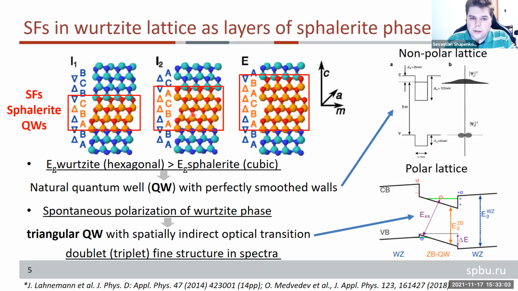Usually, if we consider non-polar lattices, we have this classic quantum well with smooth walls. But in the wurtzite structure, we have lattices which are polarized. So we would have this triangular shaped quantum well. And it will be characterized in spectra with a doublet or triplet fine structure, usually with peaks of different components of different intensity.